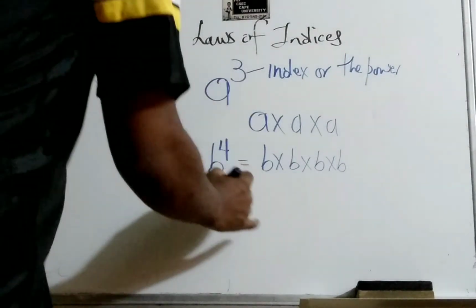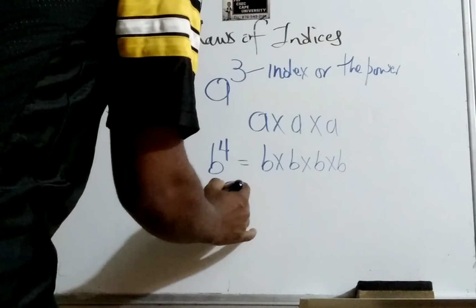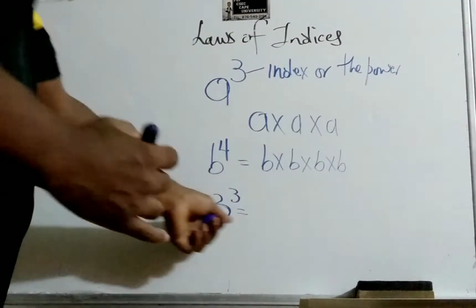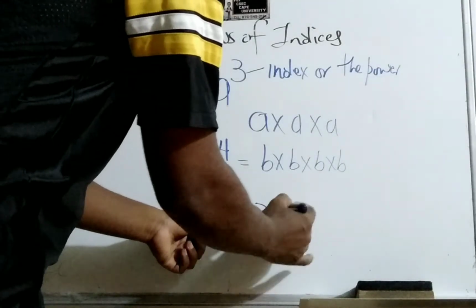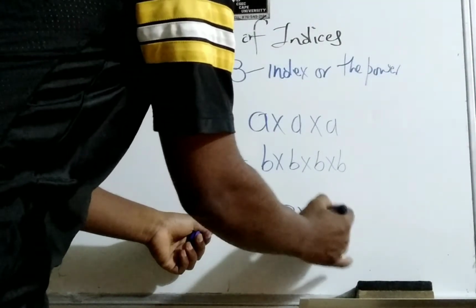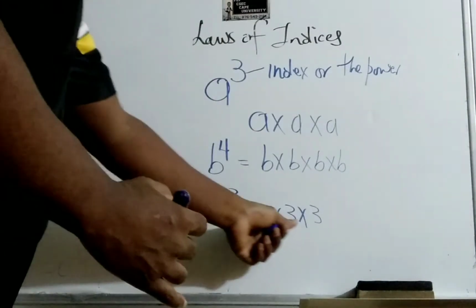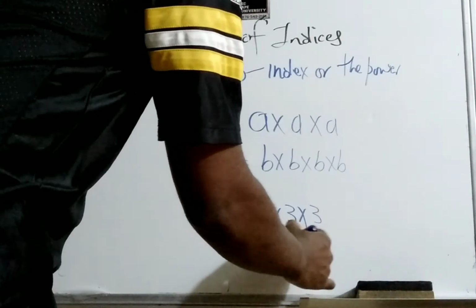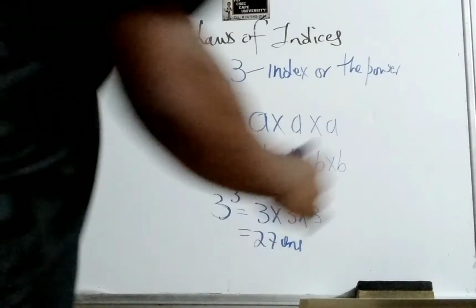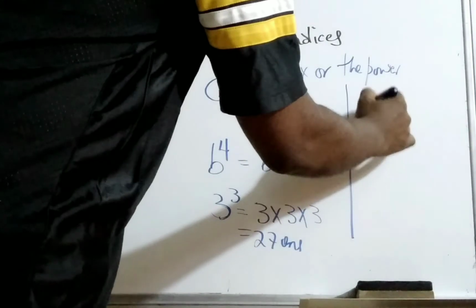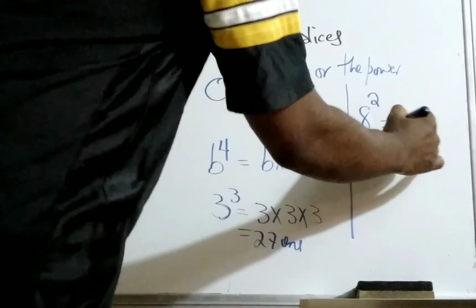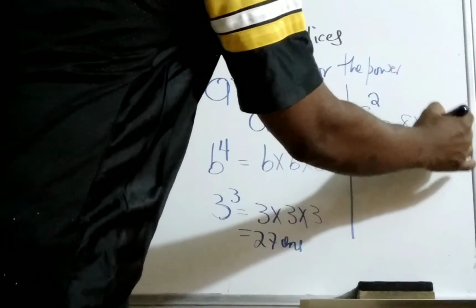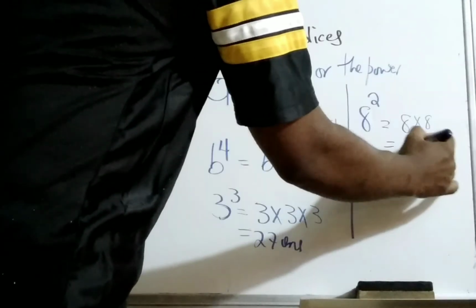For example, if we have 3 raised to the 3rd power, it would be 3 times 3 times 3. And 3 times 3 is 9, 3 nines would be 27. Similarly, if we have 8 raised to the 2nd power, it would be 8 times 8, equal to 64.